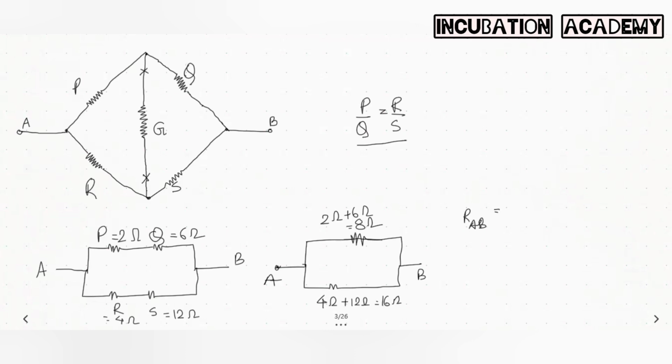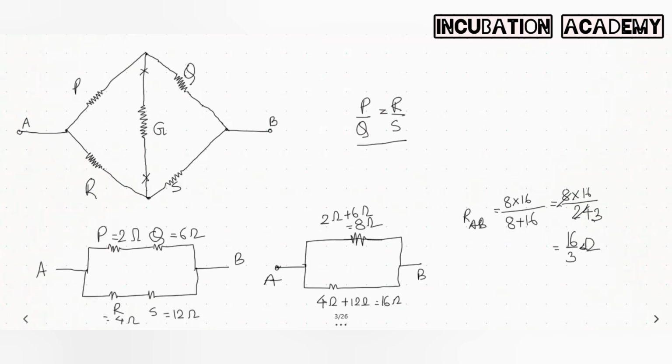So 8 multiplied by 16 divided by 8 plus 16. 16 plus 8 is 24, so this becomes 3. So it is 16 divided by 3 ohm.